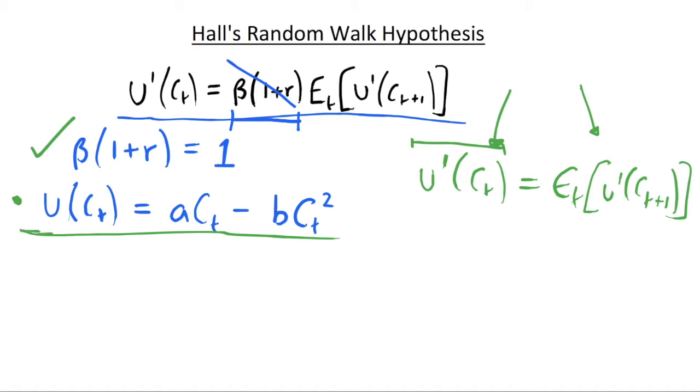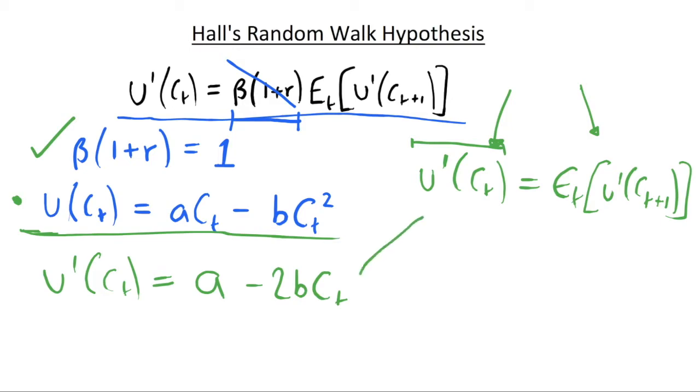Luckily, the equation I've written out here is already in terms of consumption in period t, so all we need to do is differentiate this with respect to consumption in period t, which very simply is a minus 2b consumption in t. Whoops, I have done that wrong actually, that is a slight mistake. It's not a consumption term on its own, it is actually a there, because we differentiate the c_t.